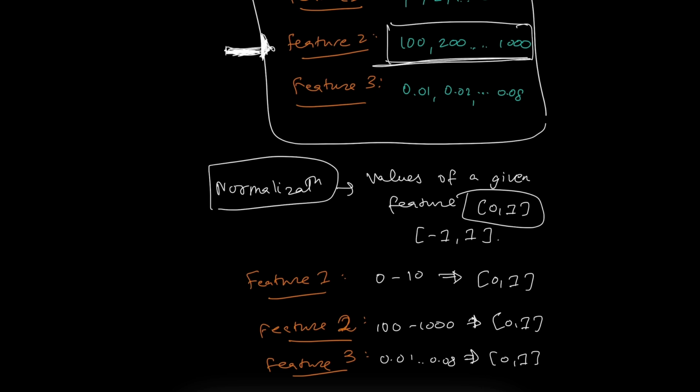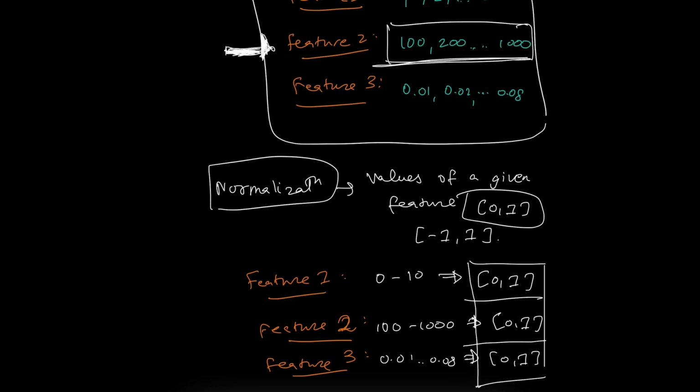Now you see, once we have all features normalized to 0 to 1, we can make a fair comparison between the actual impact of these features on our output variable, which is the salary in our case, and we're able to see how these features actually correlate to our output variable, and then our model learns and understands those patterns between them.